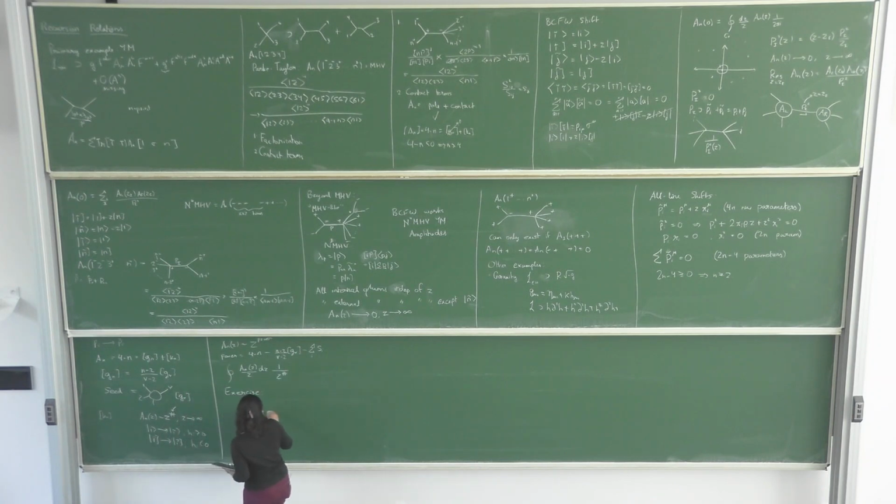The exercise is as follows. Suppose you know that A_n vanishes in 3 dimensions. You know that there's a special point, which is that in 3 dimensions, A_n vanishes. In addition, you know that in 4 dimensions, A_n goes as z to the 0 as z goes to infinity. So I've given you these 2 facts.